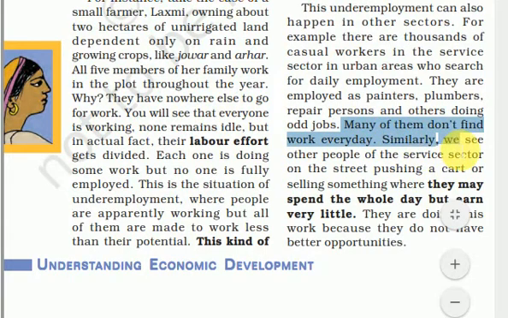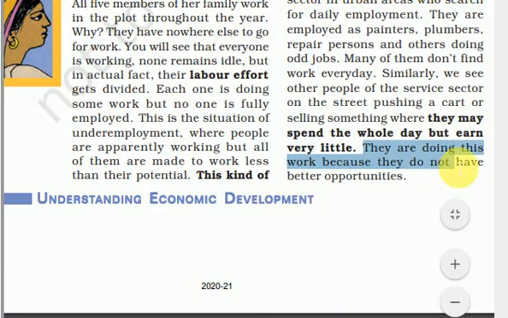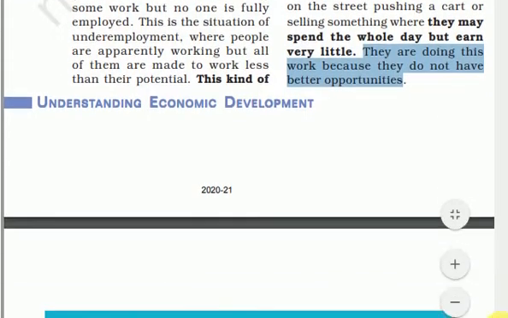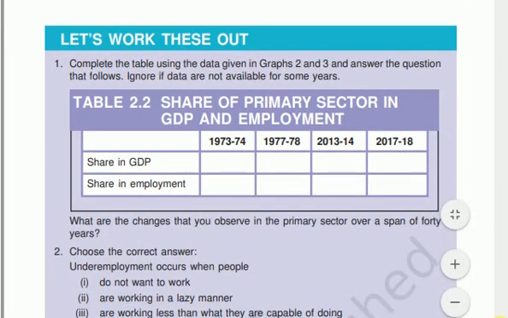Similarly, we see other people of the service sector on the street pushing a cart or selling something, where they may spend a whole day but earn very little. They are doing this work because they do not have better opportunities. So in the service sector there is also unemployment. So disguised unemployment is everywhere in a country, in the service sector also.